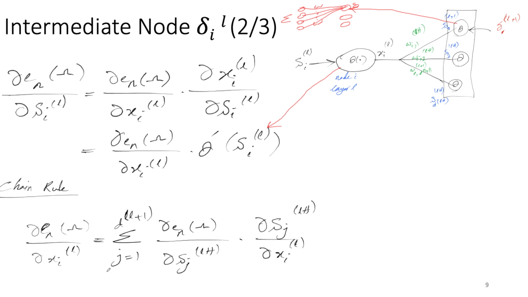That's why you have a summation of j from 1 up to d^(L+1), and you add this value multiplied by this chain rule. This would be equal to the sum of j from 1 up to d^(L+1) of delta_j multiplied by its w's, right? So we're almost done.